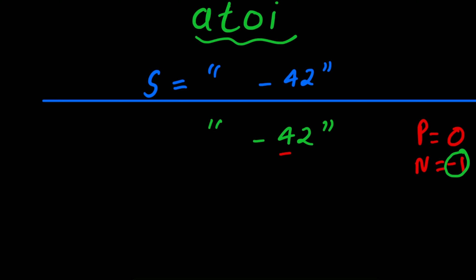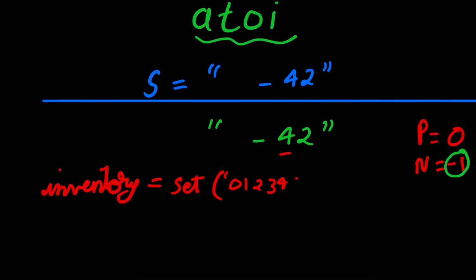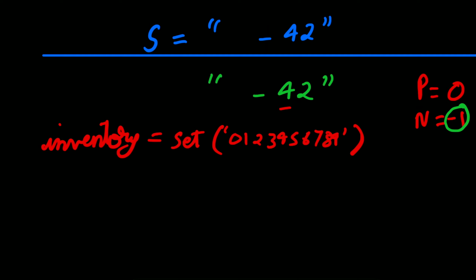We'll have a thing known as inventory, which will be a set of all the whole numbers up till 9. So I can just say set 0, 1, 2, 3, 4, 5, 6, 7, 8, 9. Okay. So what will we check in the loop? In the while loop, we will check if the number is in our inventory.